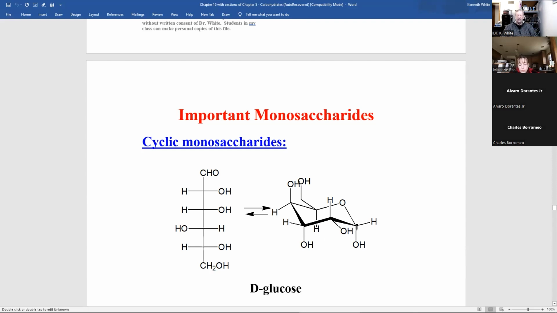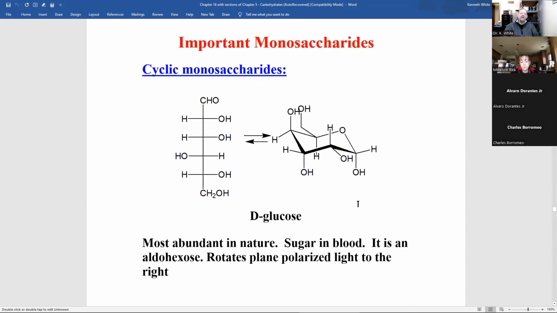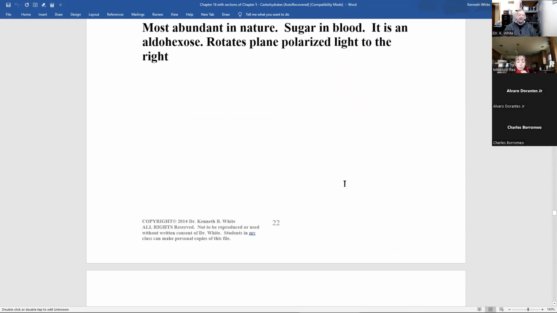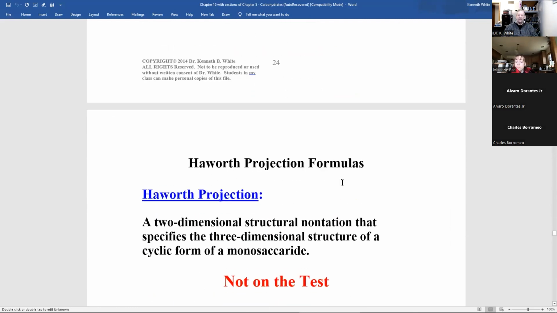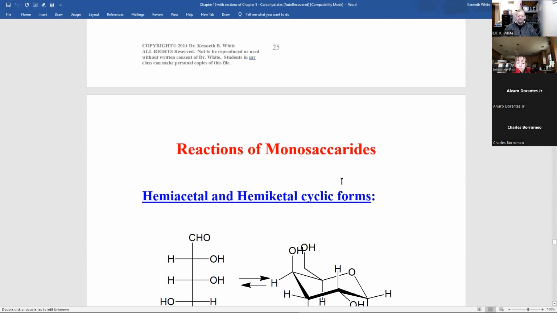And then like this hydroxyl group, the hydrogen, and I don't teach it in this class, it's called equatorial, coming this way, and the hydroxyl group is down, called axial. Again, I don't teach that in this course, but I found a way to get around how to use cyclic forms without the Haworth projection.